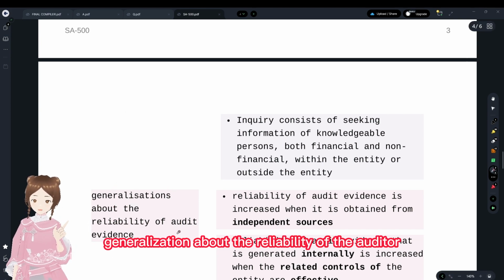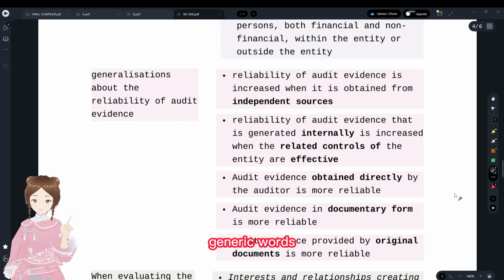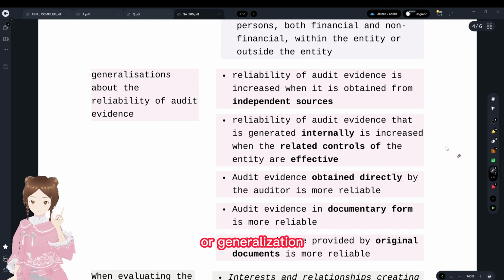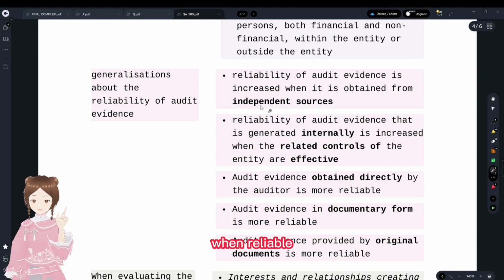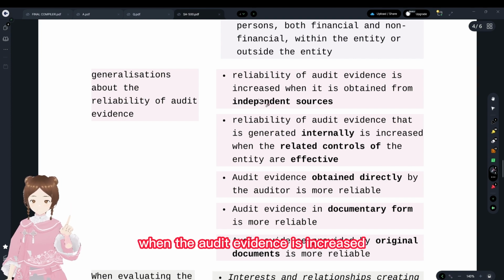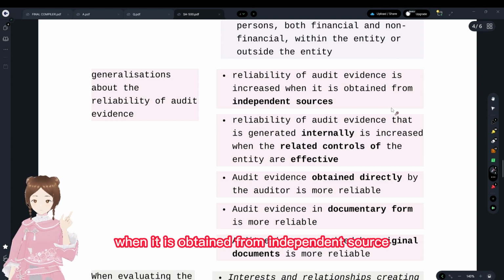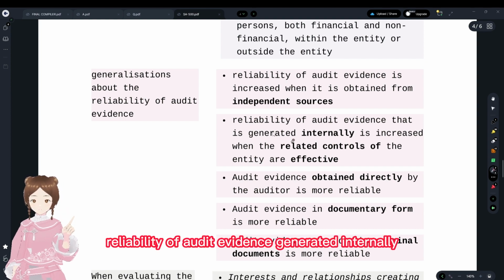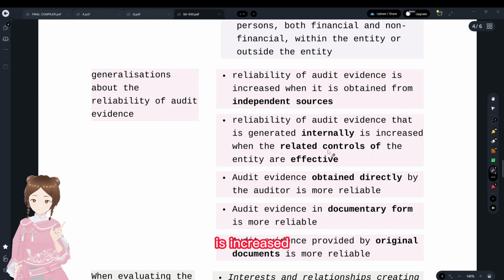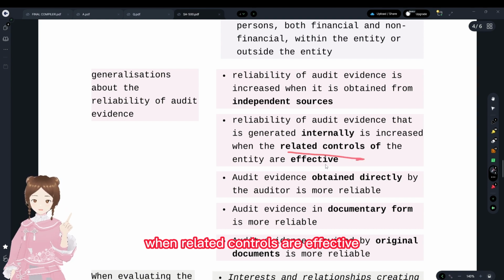Generalization about the reliability of the audit evidence. What are some generic words or generalizations about the reliability? The reliability of audit evidence is increased when it is obtained from an independent source. Reliability of audit evidence generated internally is increased when related controls are effective.